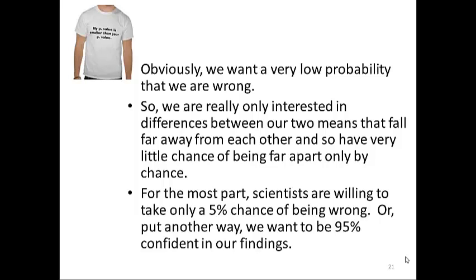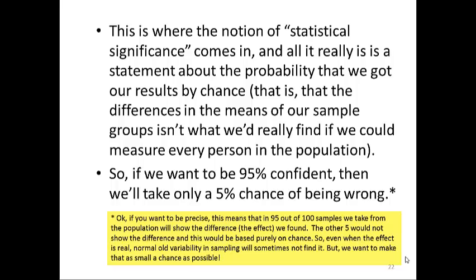Put another way, we want to be 95% confident of our findings. This is where the notion of statistical significance comes in. And all it really is, is a statement about the probability that we got our results by chance, that the differences in the means of our sample groups isn't what we'd really find if we could measure everybody in the population. So if we want to be 95% confident, then we'll only take a 5% chance of being wrong.